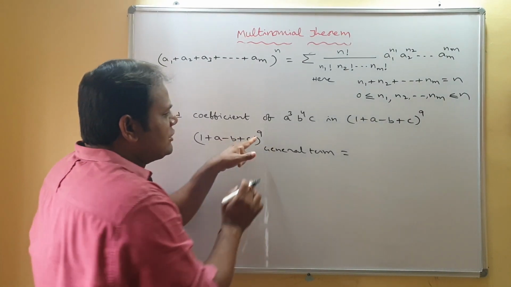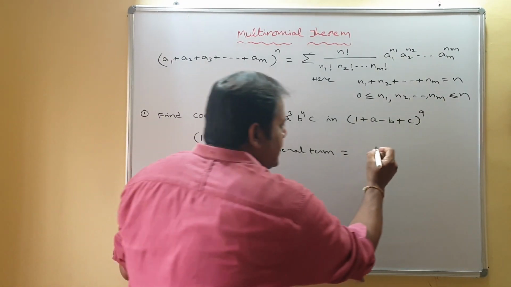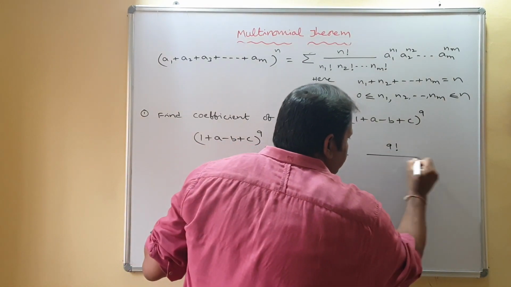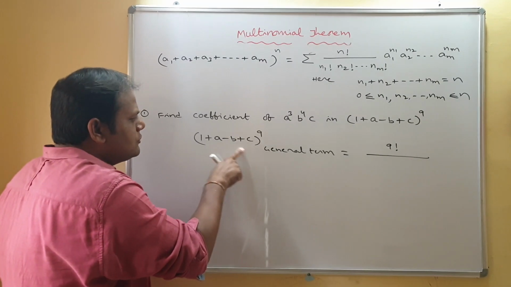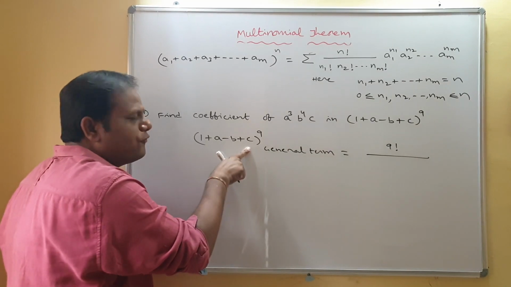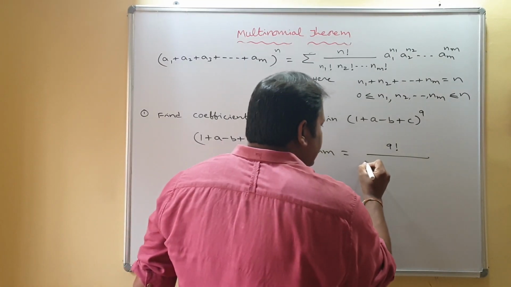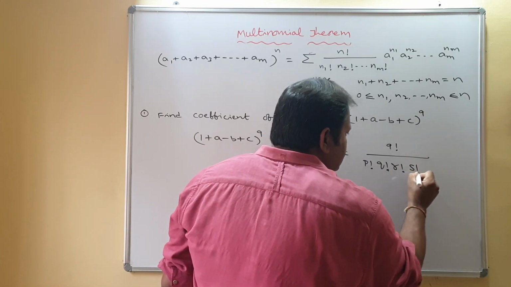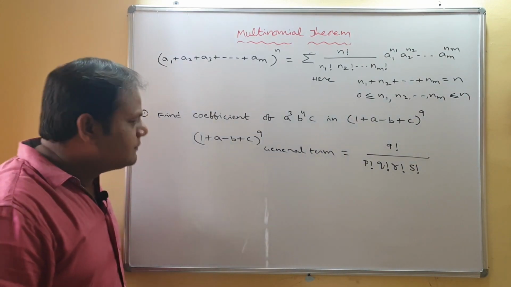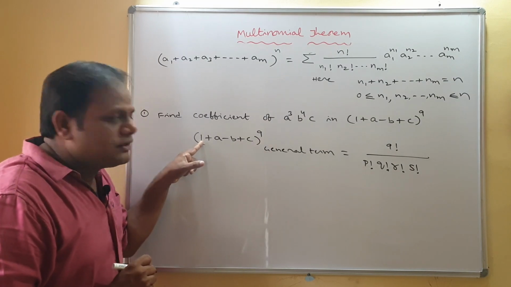Okay. So power is what? 9. So 9 factorial by. Okay, see here how many terms do we have? 4 terms are there. So we take p factorial, q factorial, r factorial, s factorial. Is it? What is the first one? 1.